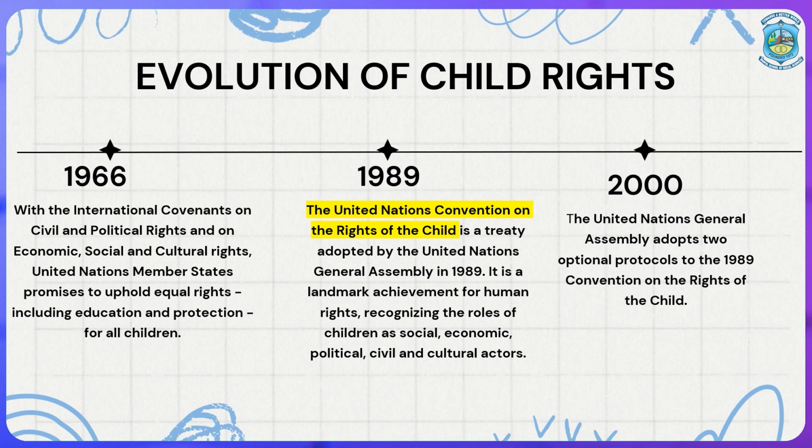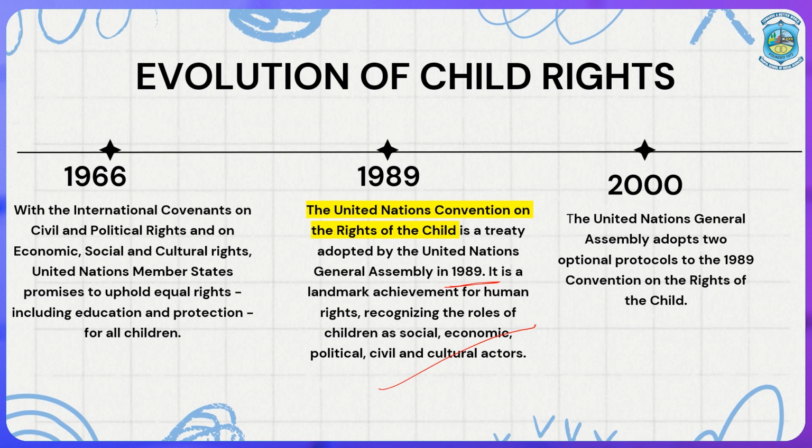Then in 1989, the UNCRC was established, which is very important because our second module is Introduction to UNCRC. The United Nations Convention on the Rights of the Child is a treaty adopted by the United Nations General Assembly in 1989. It is a landmark achievement for human rights, recognizing the roles of children as social, economic, political, civil and cultural factors.